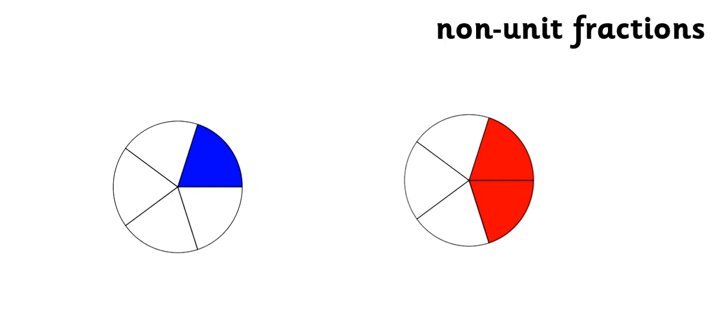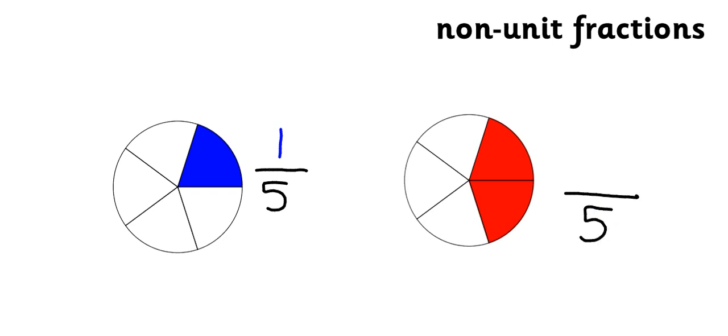Look at this first circle. This first circle has 1 part coloured in out of 5 parts altogether. So it's 1/5. If the blue one shows 1/5, what do you think the red one shows? Well, there are still 5 parts altogether.